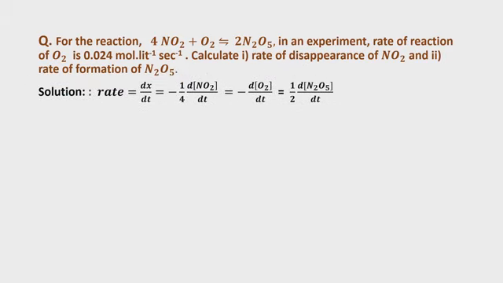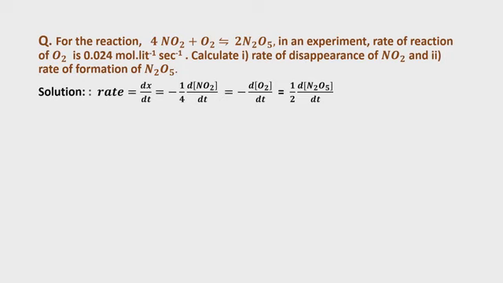This is the rate expression for this specific chemical equation. Rate equals dx/dt equals minus 1/4 d[NO2]/dt equals minus d[O2]/dt equals 1/2 d[N2O5]/dt.